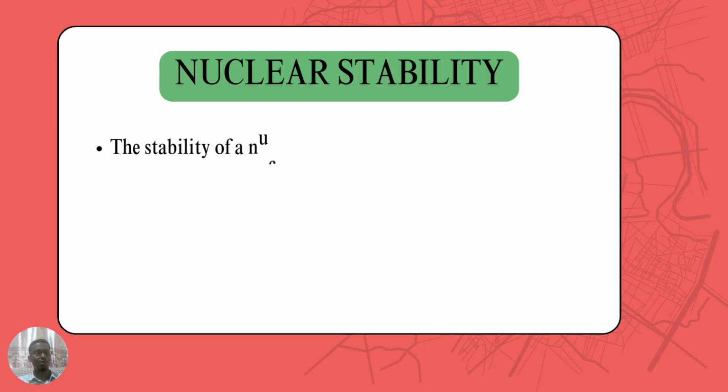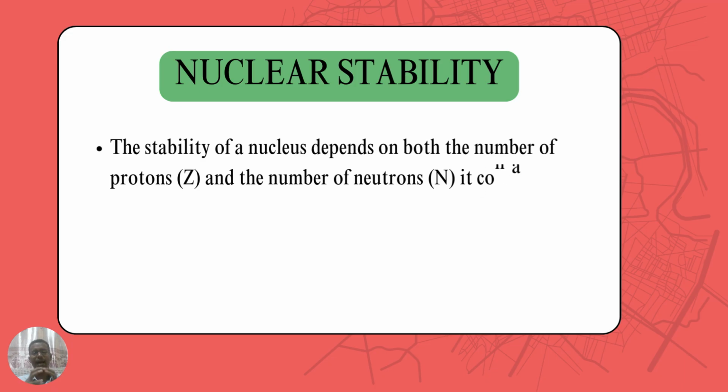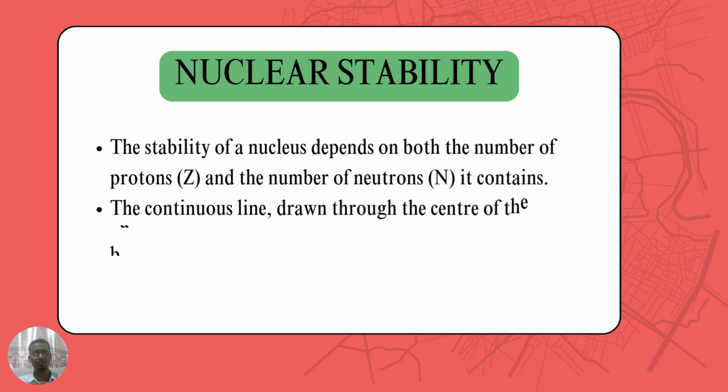So what makes a nucleus stable? Protons and neutrons are the only particles in the nucleus. These two particles play an important role in the stability of the nucleus. So stability of the nucleus depends on both the number of protons and the number of neutrons it contains.